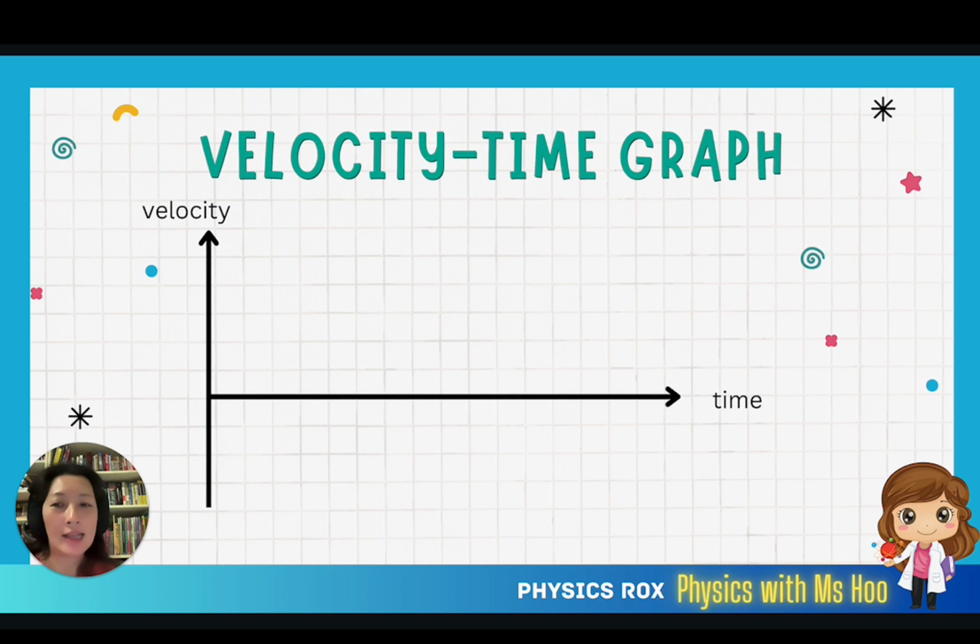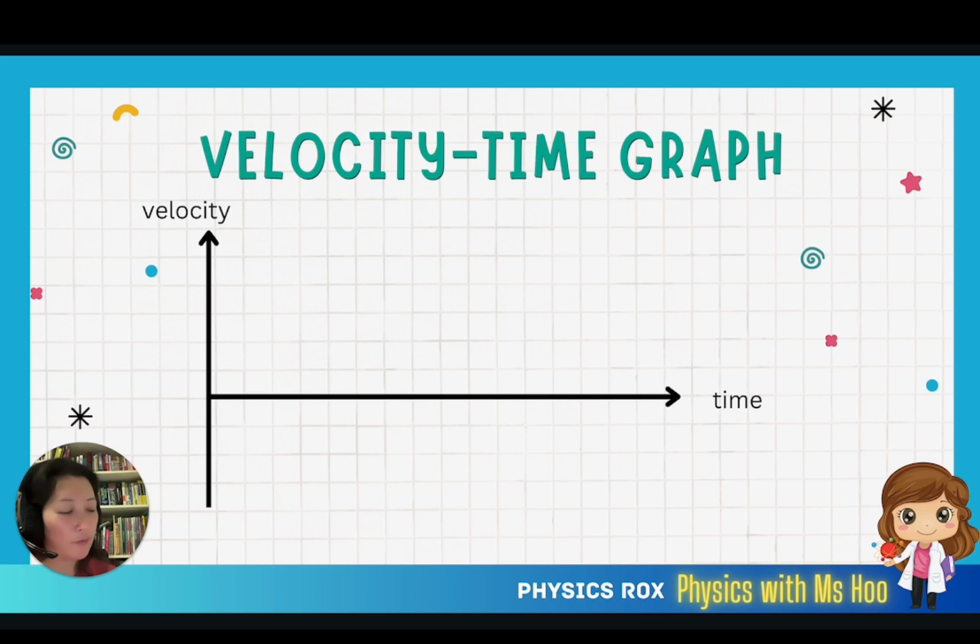So again, as before, always look at what's on the x and y axis. For the velocity time graph, this shows us the velocity of the object at that point in time, the instantaneous velocity. Just like how we analyzed the speed time graph, the only difference here is that velocity has direction. We're looking at how fast the object is moving relative to its original direction.